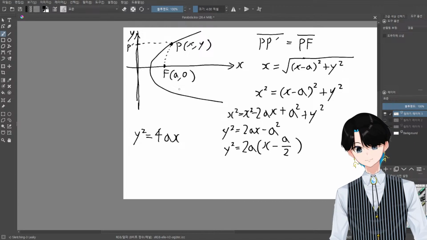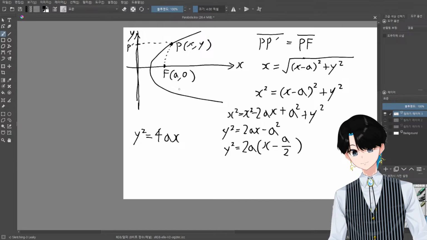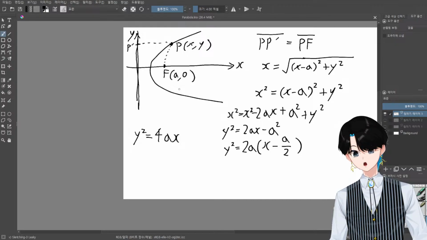Minus a squared, by the square root of 2x.